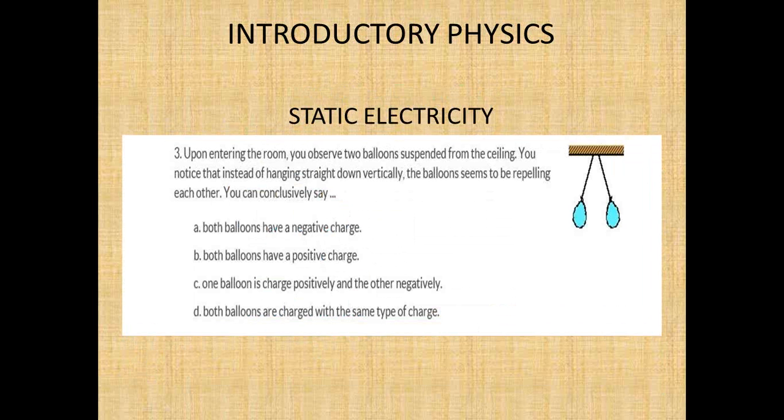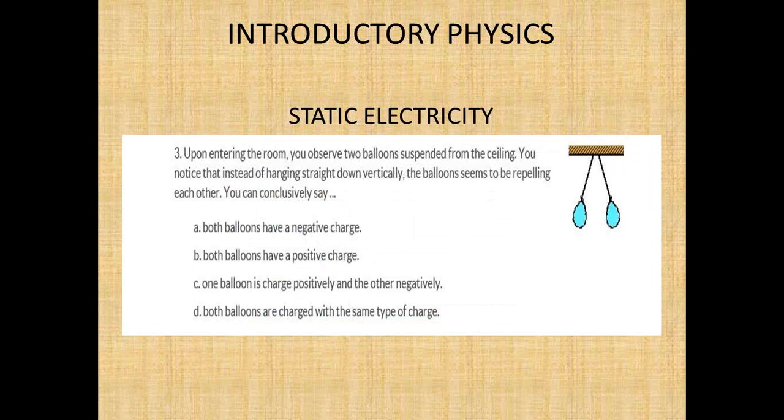All right, let's look at question 3. Upon entering the room, you observed 2 balloons suspended from the ceiling. You notice that instead of hanging straight down vertically, the balloons seem to be repelling each other. Again, an experiment you can do at home: create a charge in the balloon by rubbing the balloon with wool or animal fur.